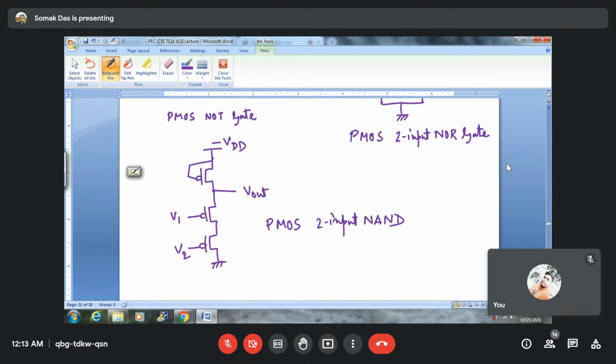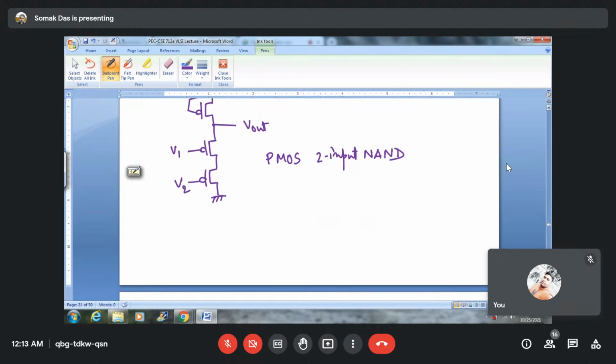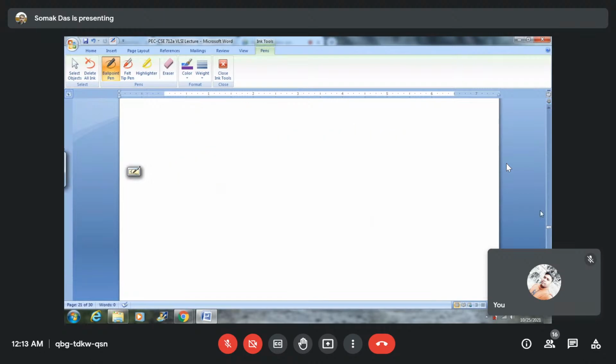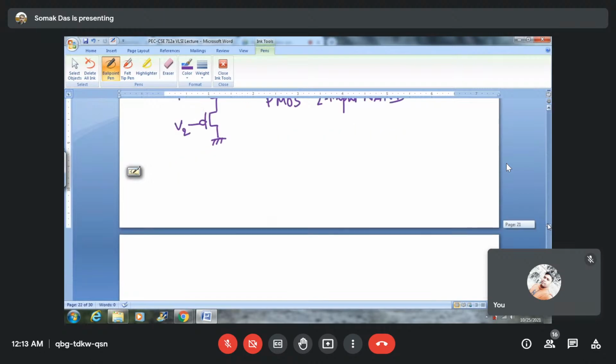So following this logic, say you are provided with a particular Boolean expression, Z equals A plus AB plus A bar B bar, in an inverted form.